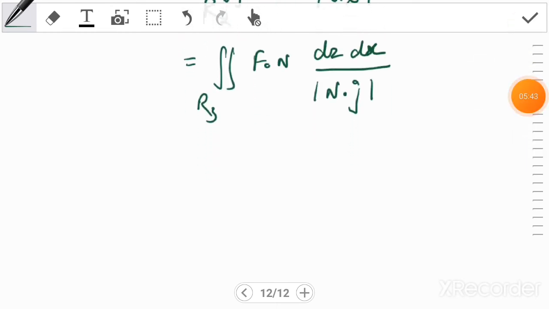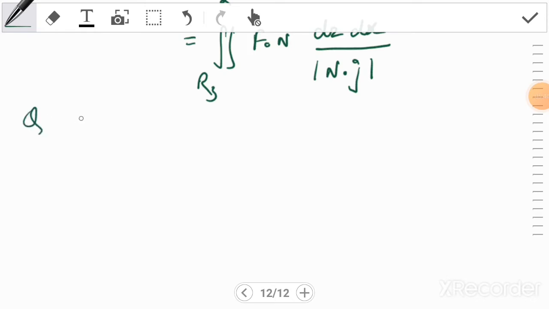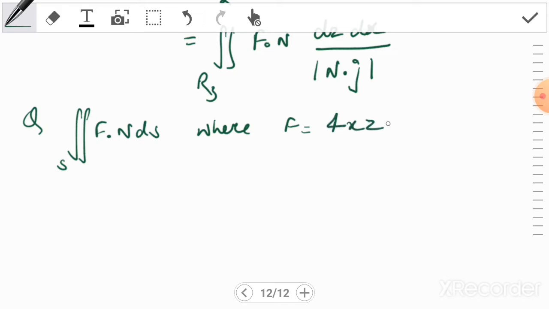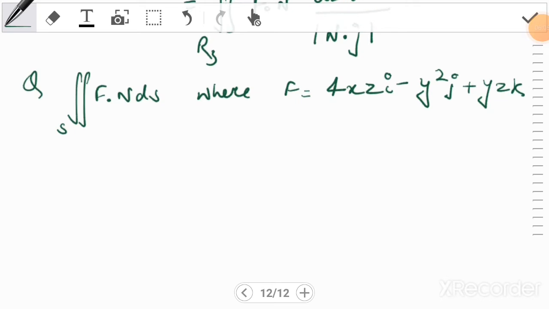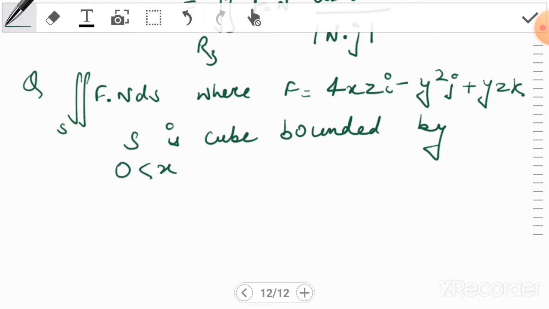Let us understand this with an example. Evaluate the integral of f dot n ds where f is equal to 4xz i minus y square j plus yz k, and S is the surface of the cube bounded by the coordinate planes and x = 1, y = 1, z = 1.